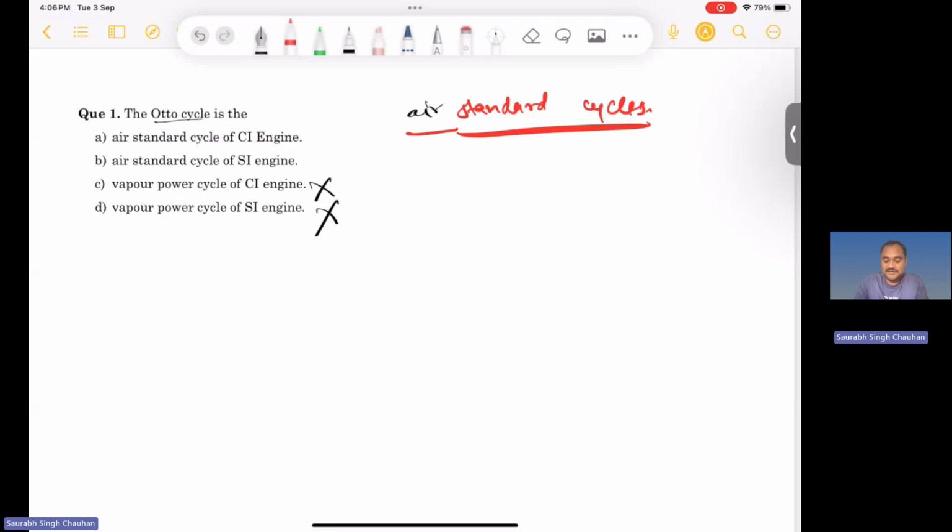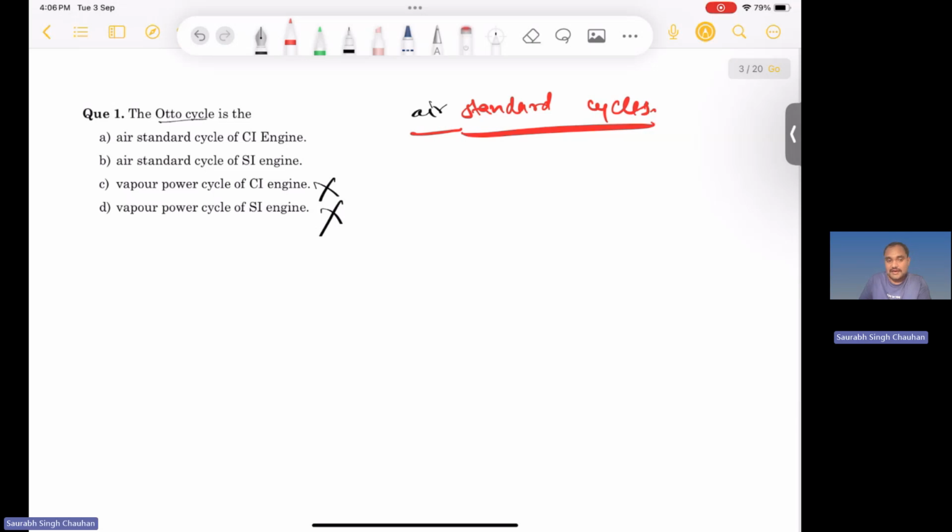So for simplification, we assume some air standard cycles. Some are for CI engines, some are for SI engines. We have to tell that the Otto cycle is the air standard cycle for which engine.